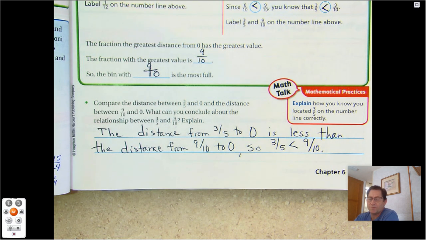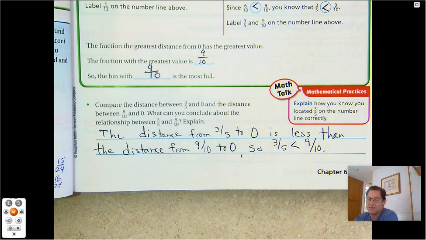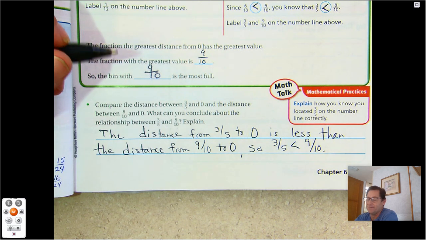So if 3/5 is closer to 0, that means 3/5 is less than 9/10.